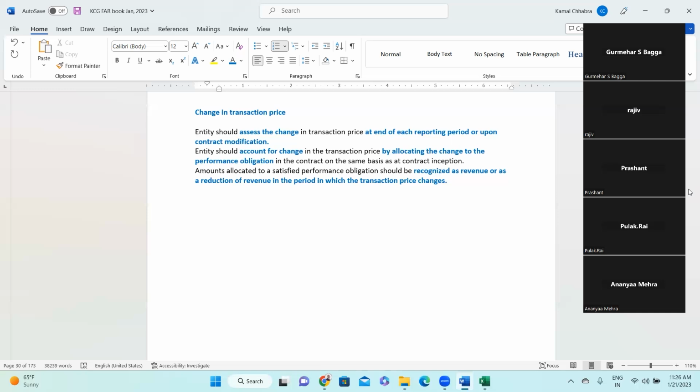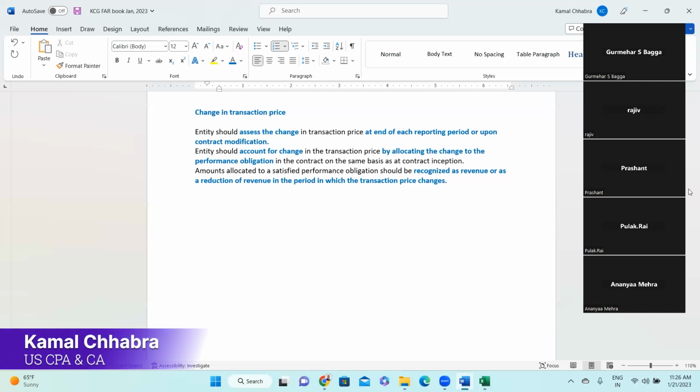And then evaluate how many performance obligations there are and what the total transaction price is. Amount allocated to satisfied performance obligations should be recognized as revenue or as a reduction in revenue in the period in which the transaction price changes. So whenever there is a change in transaction price, you need to evaluate that and consider the impact of the same in your revenue recognition or in your total transaction price.